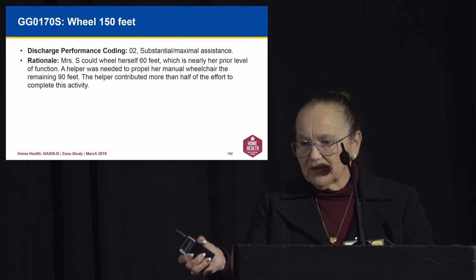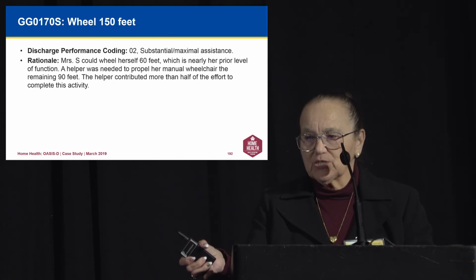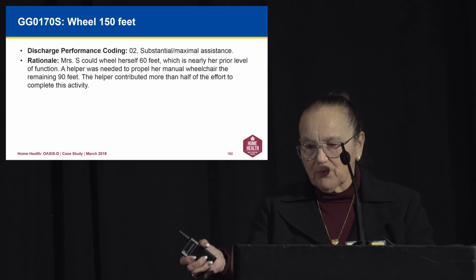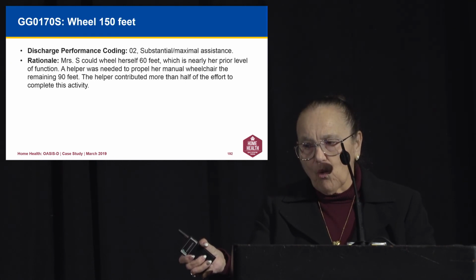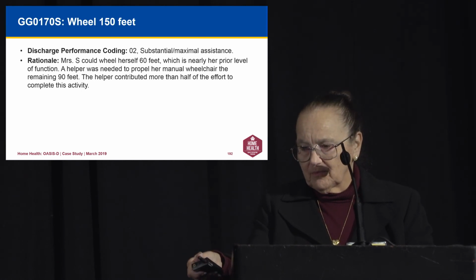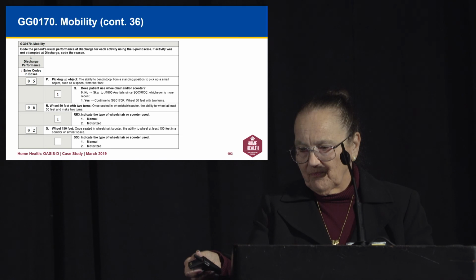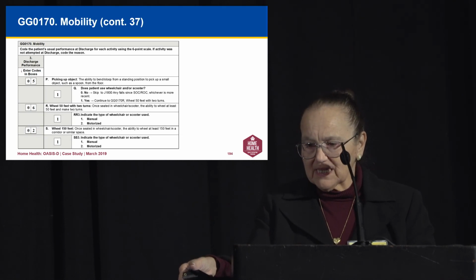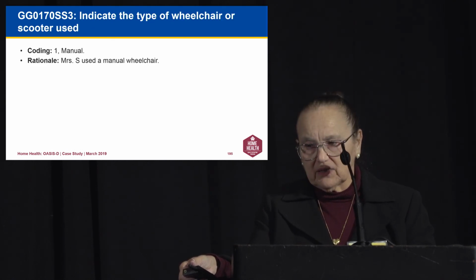Mrs. S could wheel herself 60 feet, which is nearly her prior level of function. A helper was needed to propel her manual wheelchair the remaining 90 feet. Therefore, the helper contributed more than half of the effort to complete this activity. And she uses the manual wheelchair, not an electric.